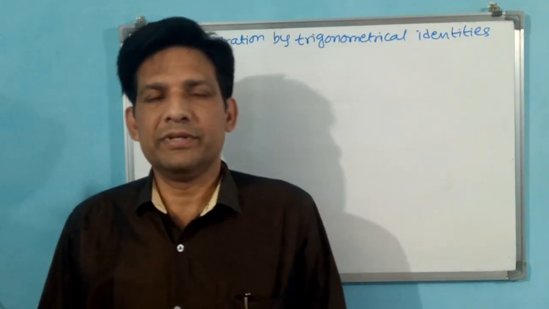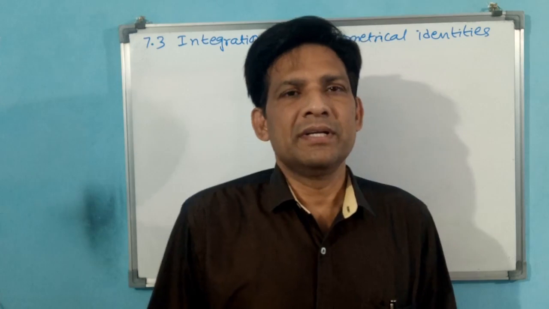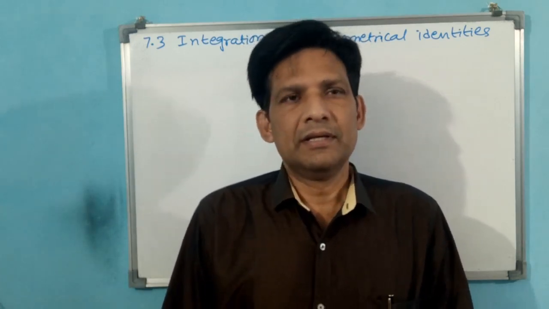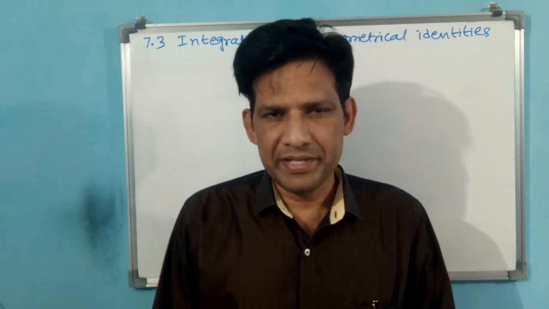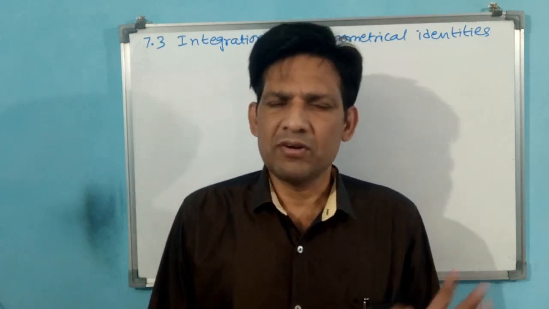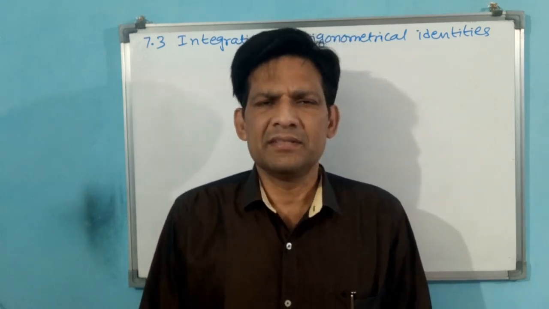Okay, dear students, we are in the 7th chapter, integration, and we finished the 7.2 exercise in the last class. We will start the 7.3 exercise in this class. The 7.3 concept is integration by trigonometrical identities.